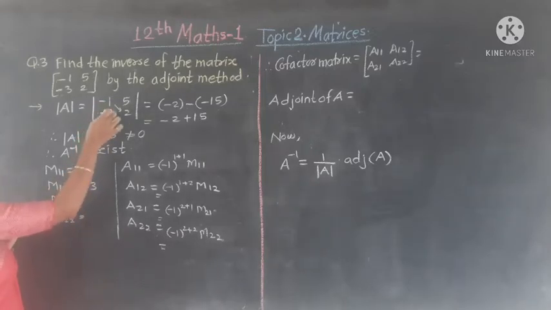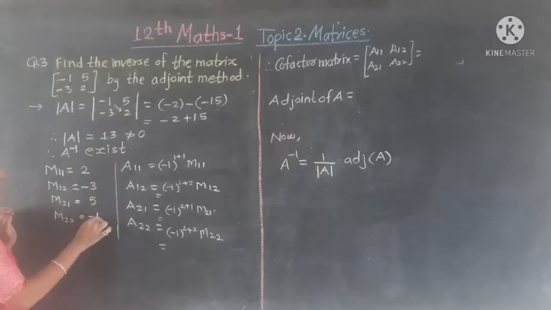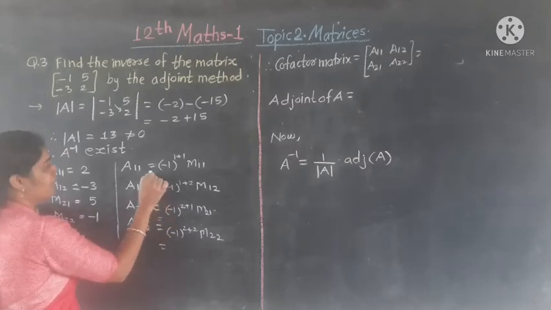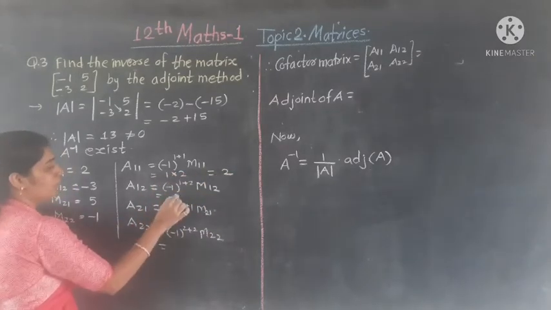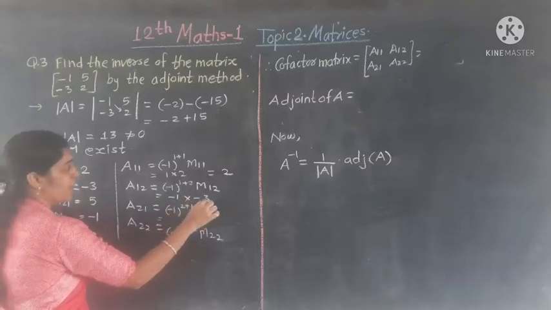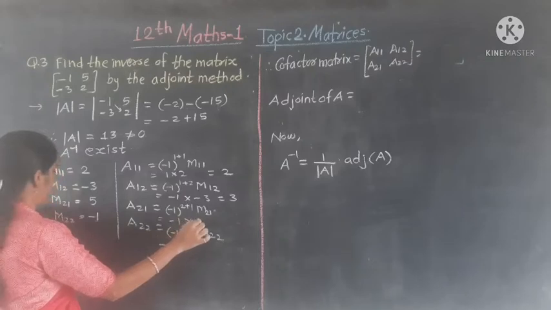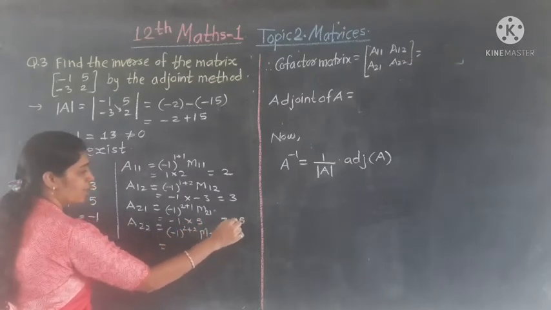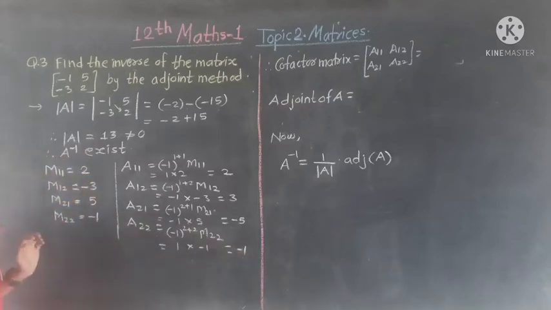Second row, first column element, minor is 5. And here -1. So we get here 1 into 2, that is equal to 2. -1 into -3, 3. -1 into 5, that is equal to -5. And 1 into -1, that is equal to -1.